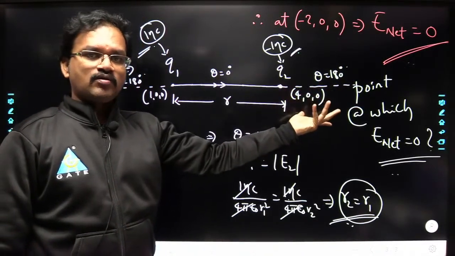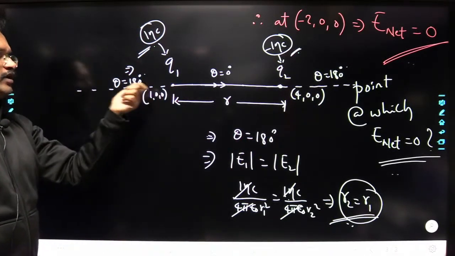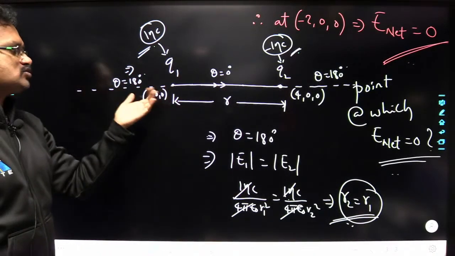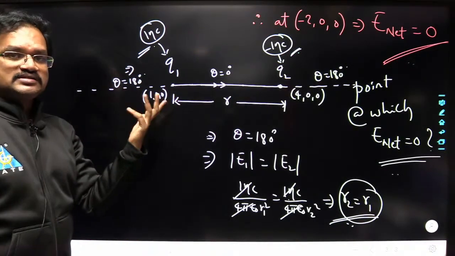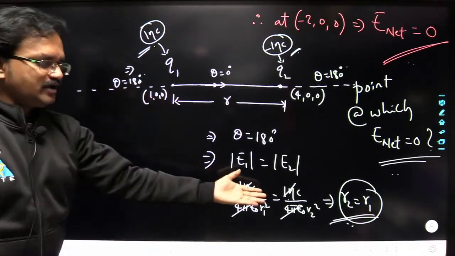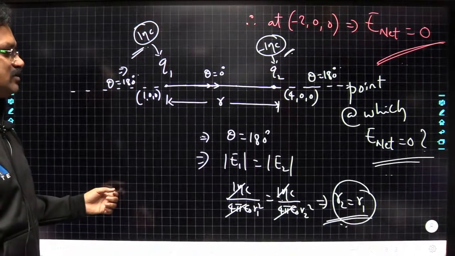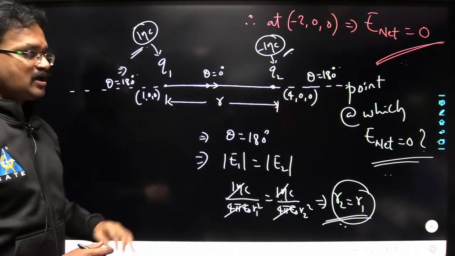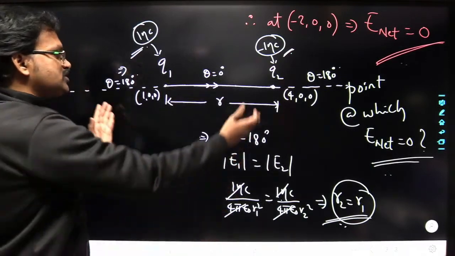Similarly, for any point to the left of Q1, R1 will be lesser than R2. You don't get the condition R2 equal to R1. That means there is no point in space where the net electric field will become equal to 0 due to this charge configuration.